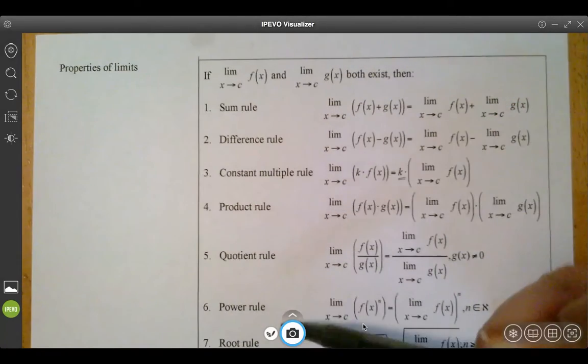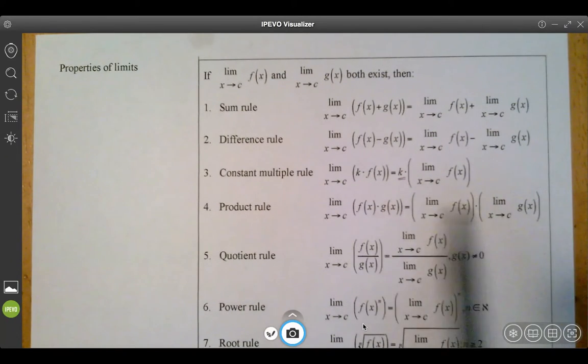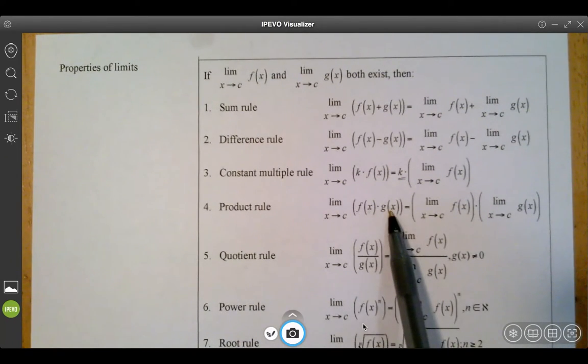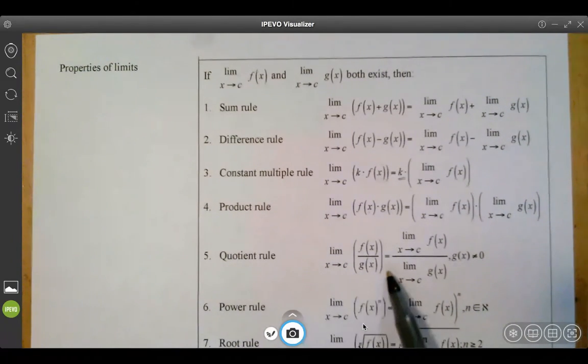The next set of rules has to do with multiplication. So I can also do the same thing for when I multiply two functions. I can take the limit of each function, which means that I can do the same thing for division, taking the limit of each function, as long as the denominator does not equal 0.